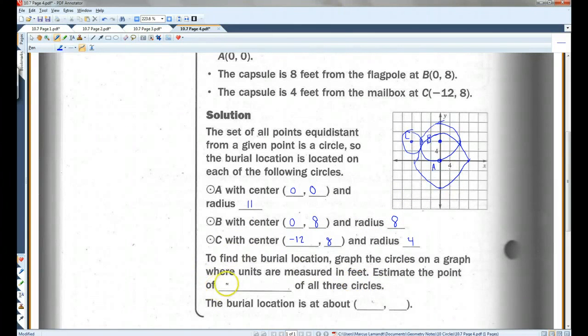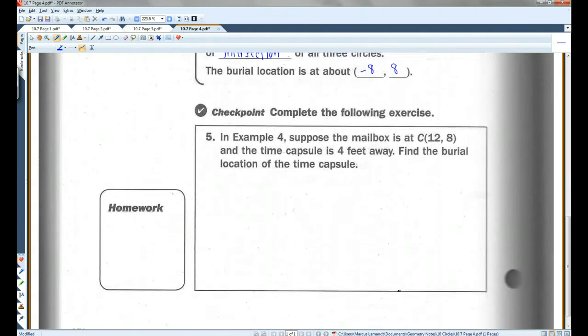Estimate the point of intersection of all 3 circles. Okay, it's hard to tell. They actually intersect at this point, which is (negative 8, 8). Alright, and you can do the last checkpoint. That's all.